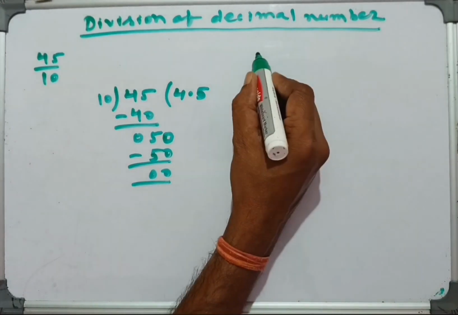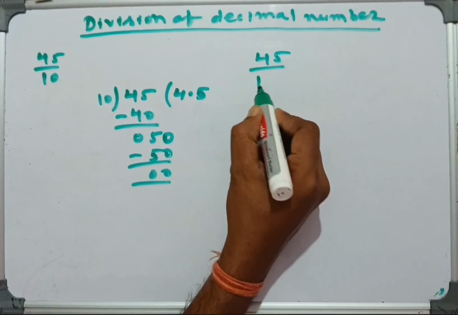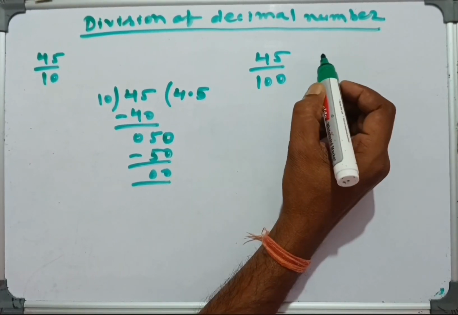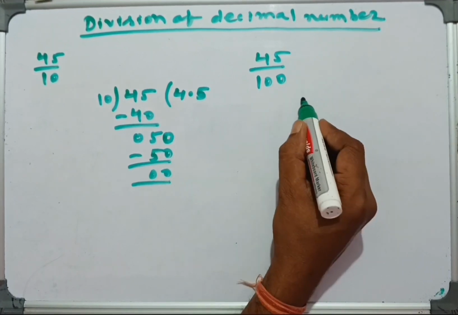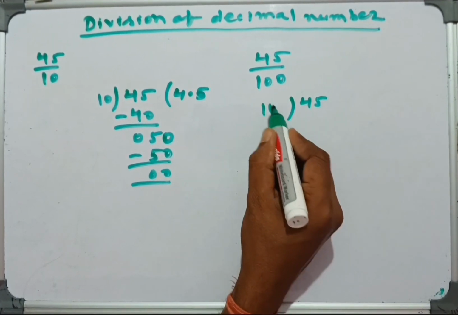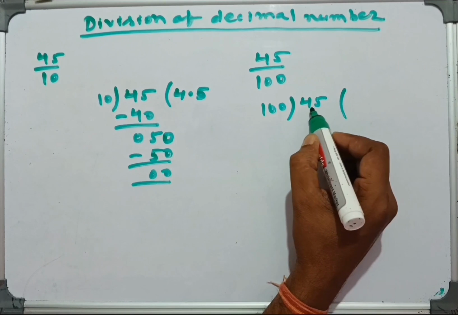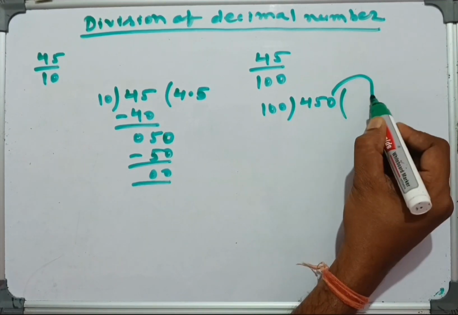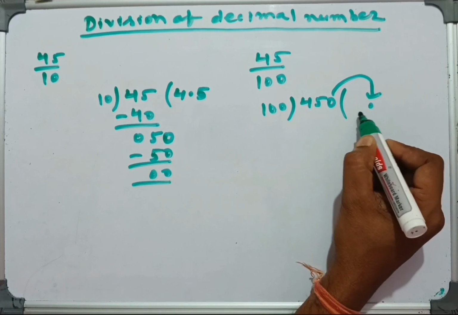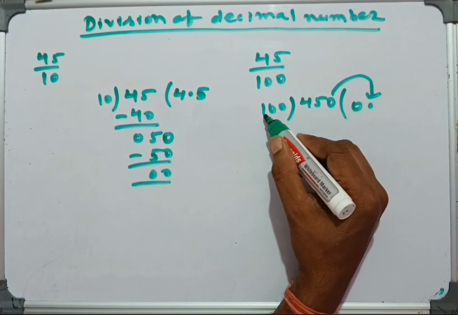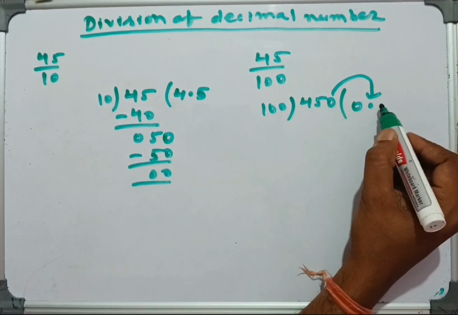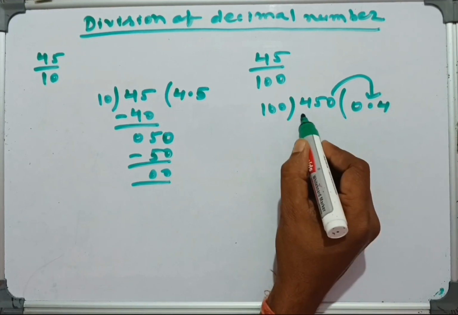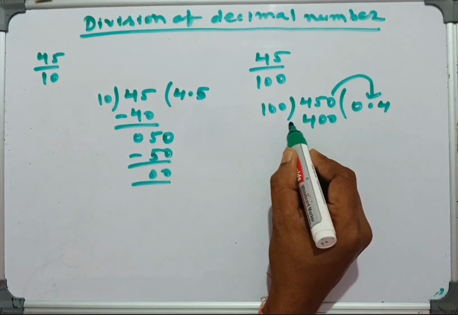Now suppose this one is like this. So how could you make the solution? 100. Then this 45 is less than 100, so put here 0. Then for this 0 you put one dot here. Now 100 times 4 is 400, which is less than 450.